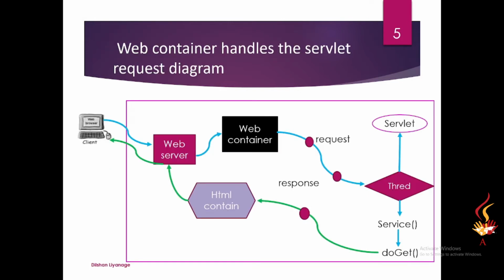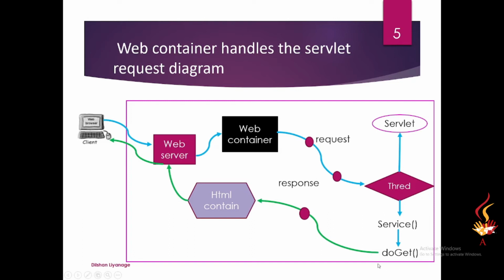Okay, you can see there is one special diagram. You can see the client side and the web server, next to it the web container. The web container handles the request. It makes response objects and request objects, and a thread. The thread comes to the servlet, and there is the service method and the doGet method.